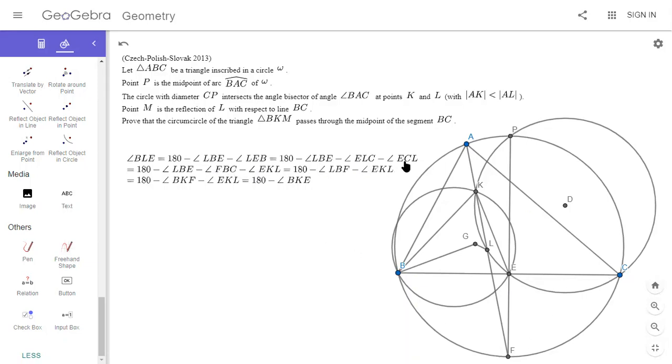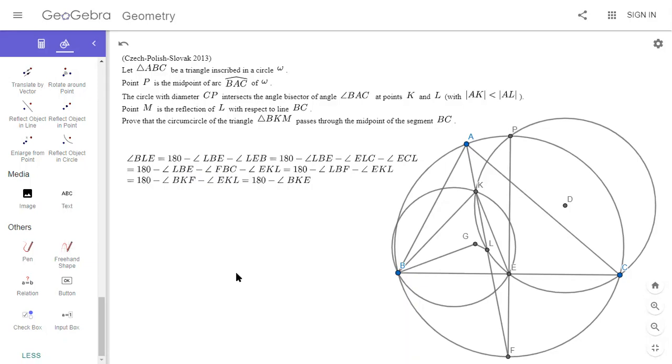And then ECL is EKL. And LBE plus FBC is LBF. Wow, this is very interesting.